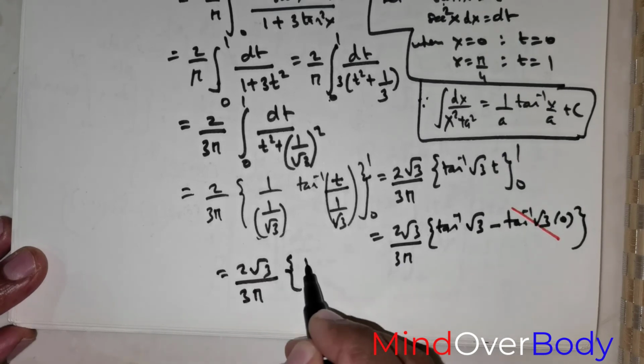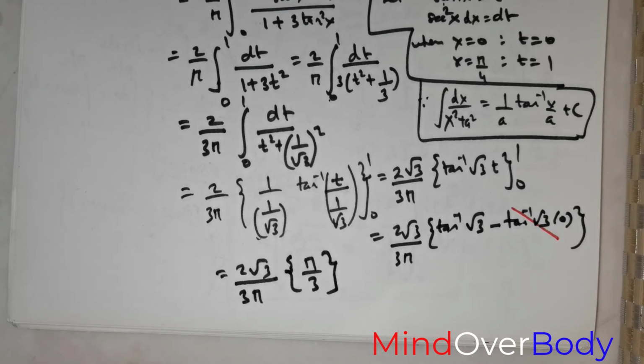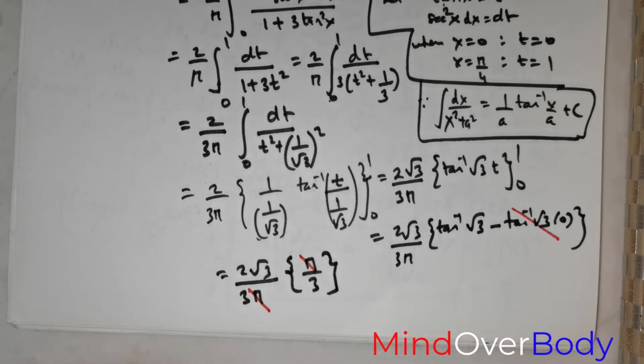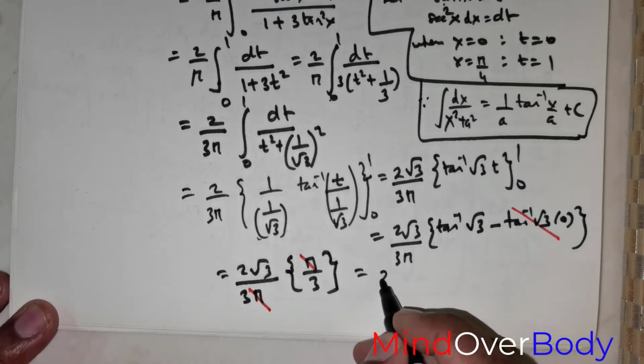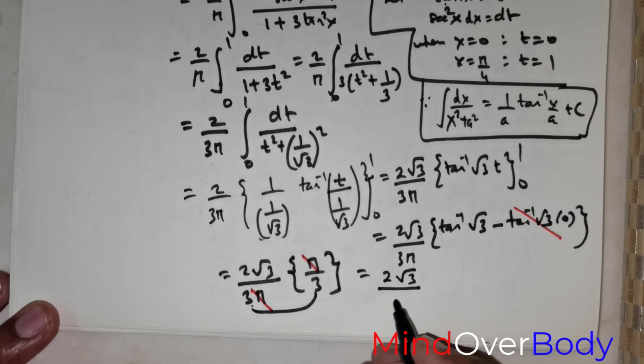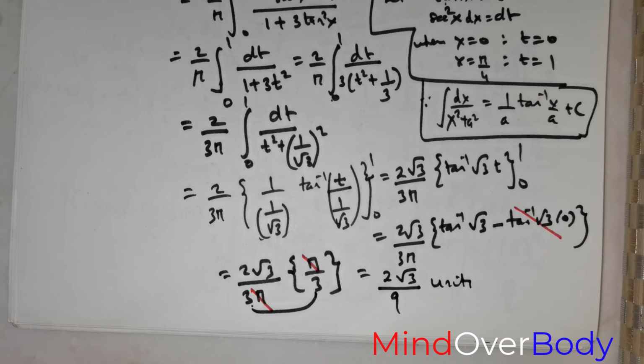This is going to be pi over 3. So I can cancel the pi's here and I can rewrite this as 2 times root of 3 divided by 3 multiplied with 3 gives me 9 units. So that would be the solution for this problem.